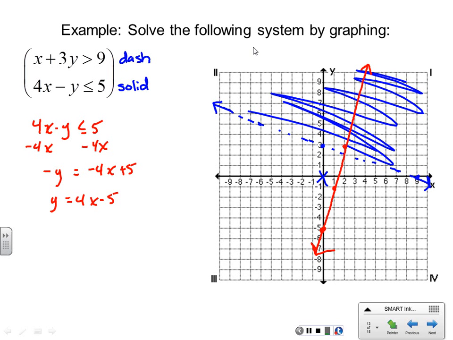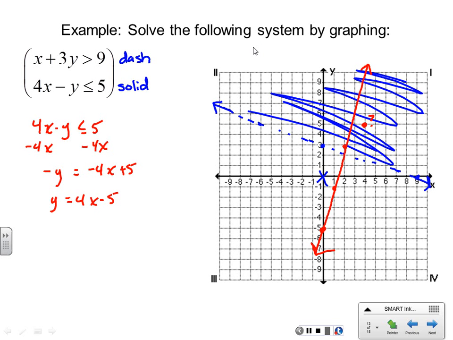So let's try 4, 5 right here. If I try the ordered pair 4, 5, I'm going to plug 5 in for y. We're using our original. Let's just go over here so it'll be less confusing.